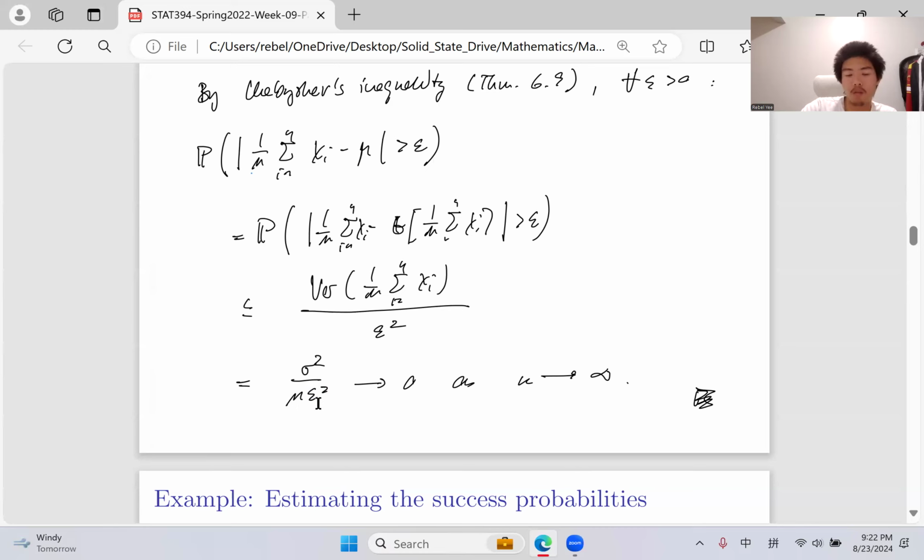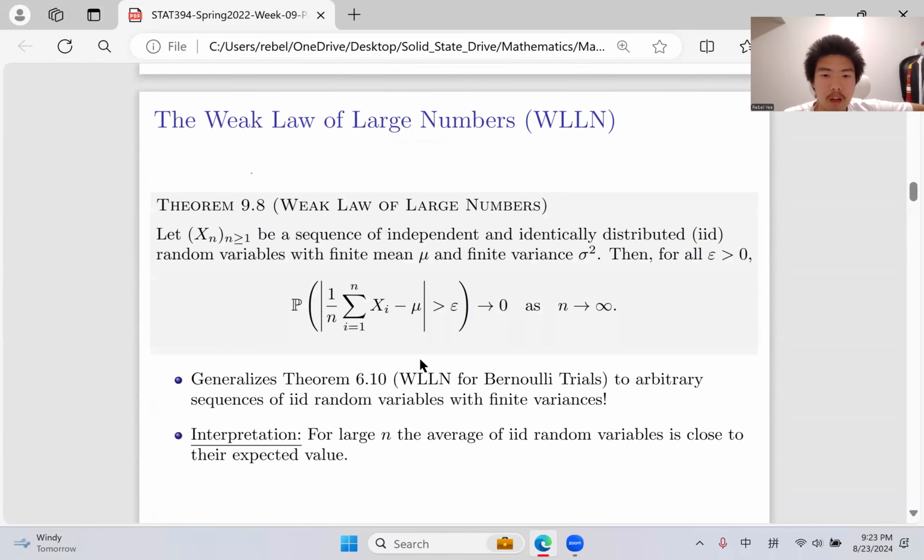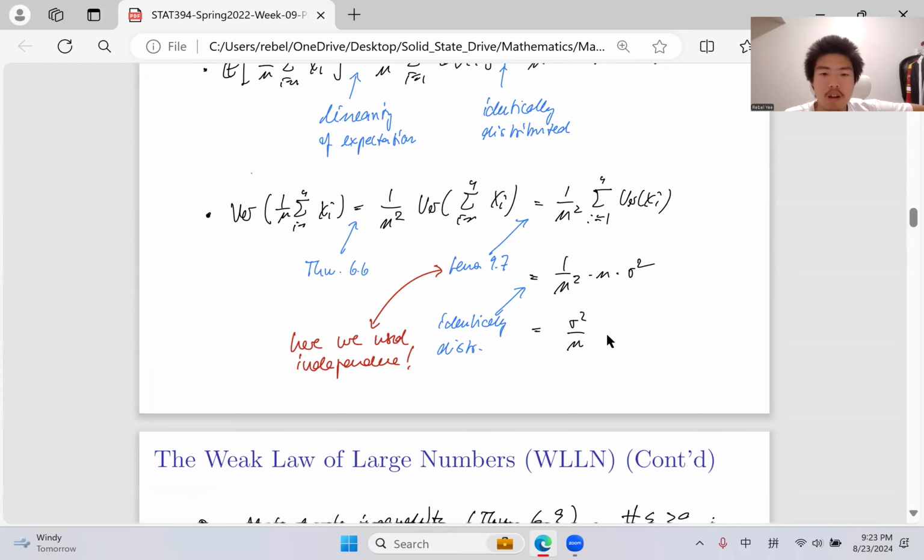So the denominator goes to infinity and the numerator goes to some fixed value. So it goes to zero as n goes to infinity. Which means we have proved this one: the probability of this term inside goes to zero as n becomes a very, very large number.